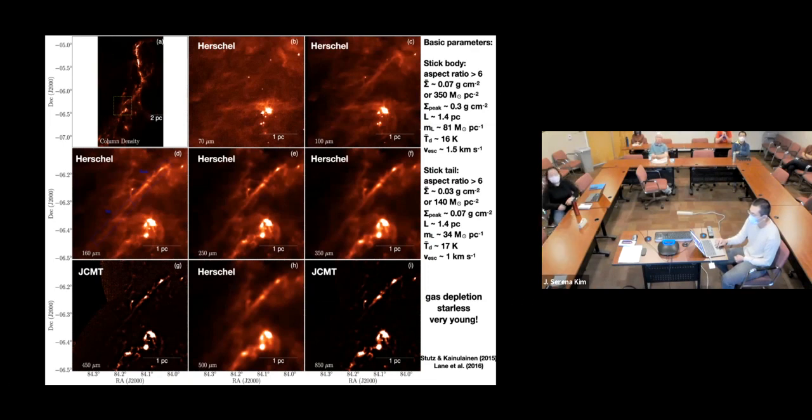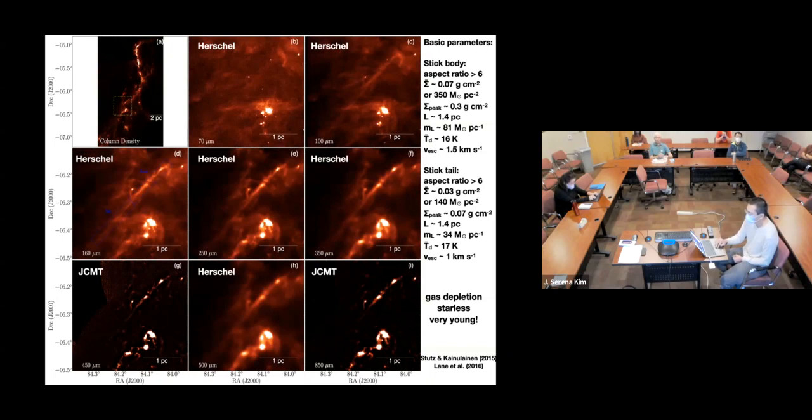And so we call this filament the stick filament, just based on its shape. And here I show a multi-panel infrared view of the filament from 70 micron to 850 micron. You can basically see this filament is pretty straight and with this long tail.